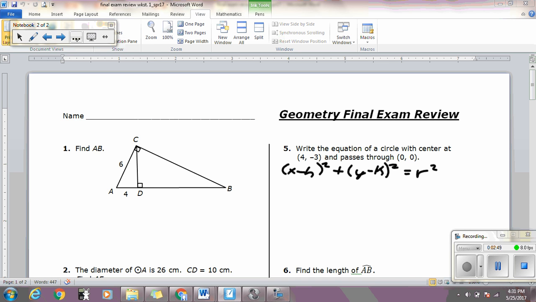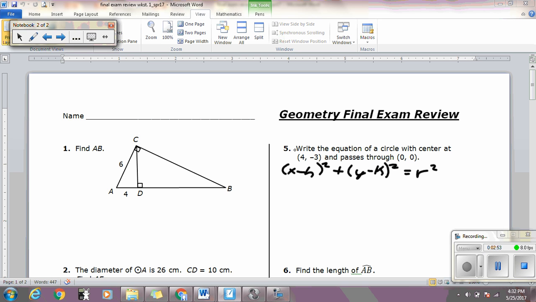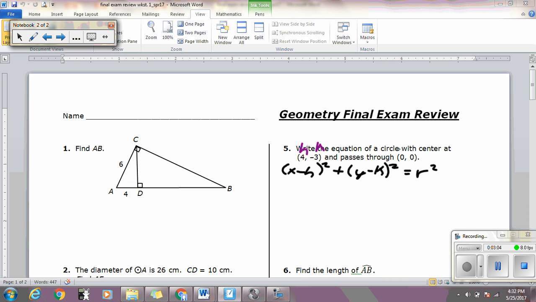All right, and so anytime they give you the center, that point is always your h and k values. And then the additional point that they give us we'll use in place of x and y. So x is 0, y is 0.